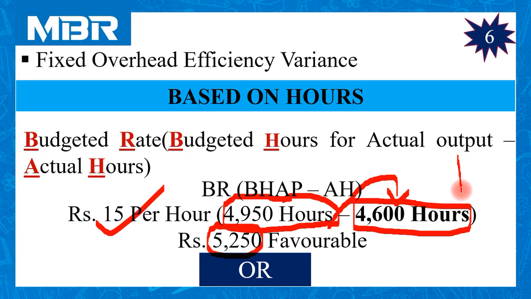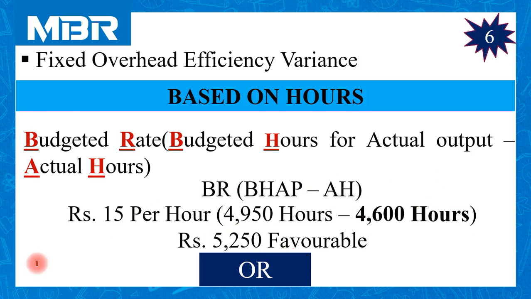It means we have taken fewer hours to complete the task. Just imagine if someone has given you 4,950 hours and you finish your work in 4,600 hours, that is less than the given time. Naturally, you are more efficient. So when your employees are more efficient, the difference is regarded as favorable. So take care of this very clearly.